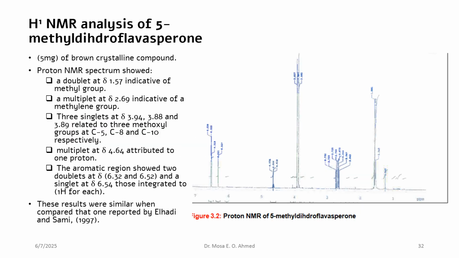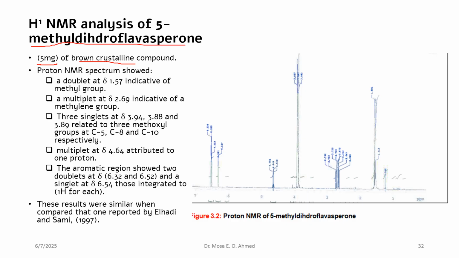For the proton NMR of the 5-methyl dihydroflavasperone compound, after purification of the compound by using chromatography, especially TLC, we obtained 5 milligrams of pure single compound. Its physical character is a brown crystalline compound.